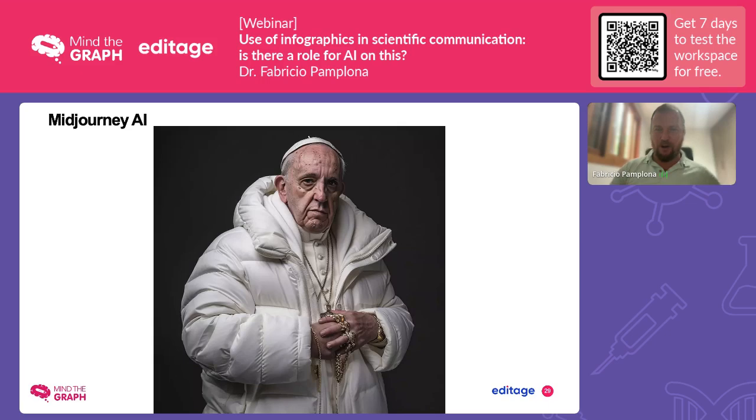You probably saw several of these pictures of the Pope wearing modern clothing. It's great, isn't it? Just step a little bit out of your scientific mind right now. Think as a human. This is like a painting or a photo, a very realistic representation of a famous person in a different way.